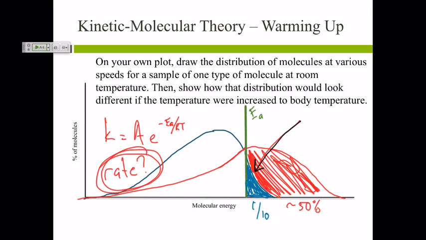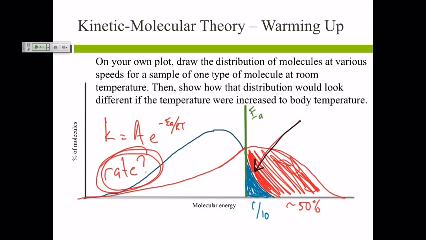So, Val, what is k? K is our rate constant. So if we know that increasing T makes the negative exponent bigger, the denominator of it bigger, then if we increase T, k increases.